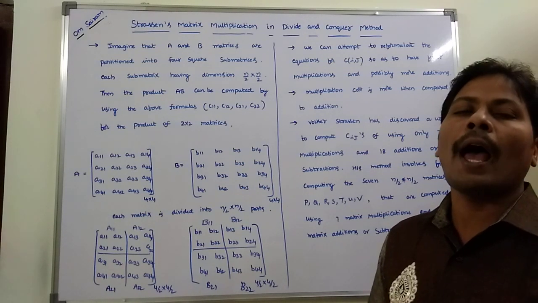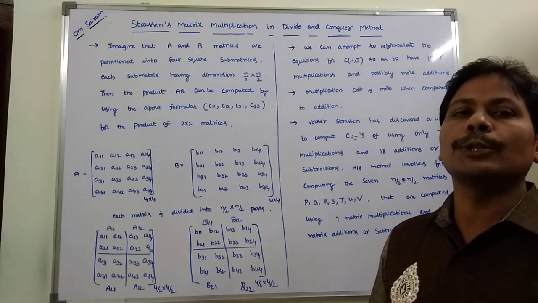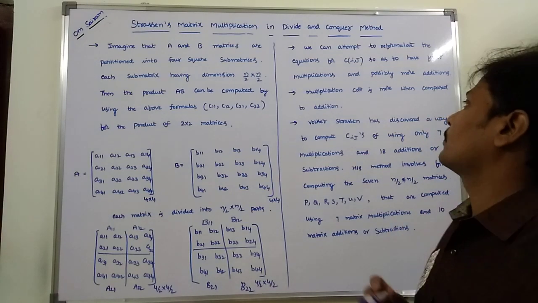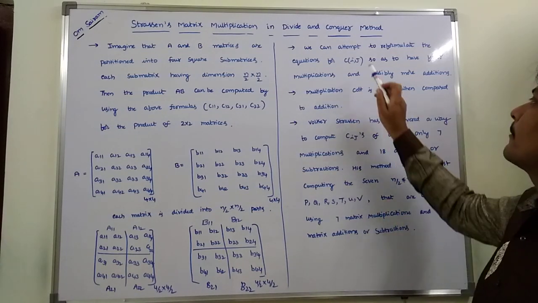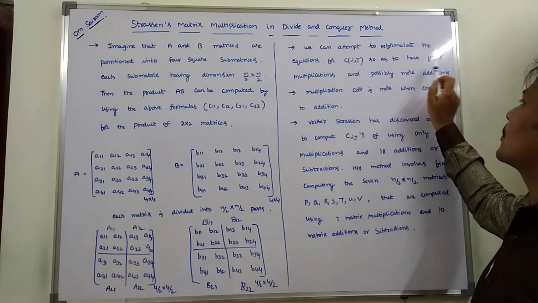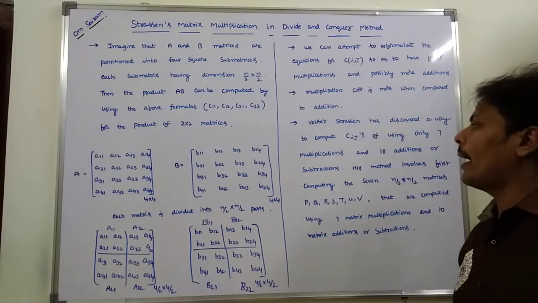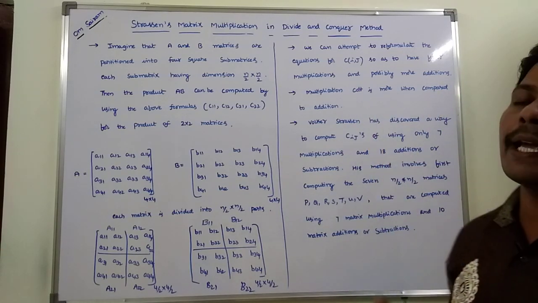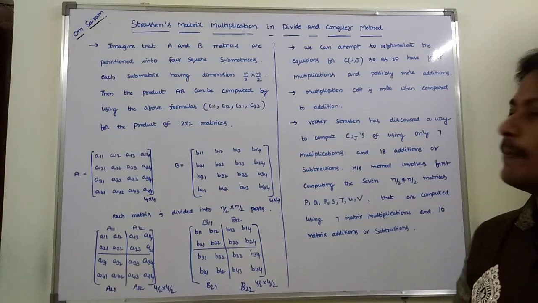Then we have to find C11, C12, C21, C22. We can attempt to reformulate the equations for C_ij so as to have fewer multiplications and possibly more additions, since multiplication cost is more than addition cost.